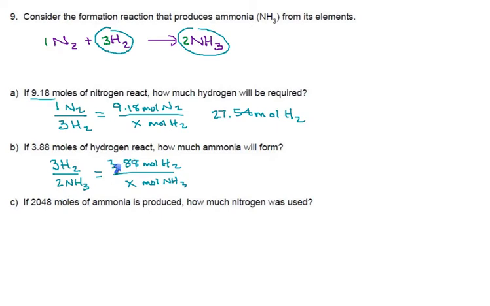Cross multiply, so multiply the opposite corners. 2 times 3.88 is 7.76, I think, divided by 3. I don't trust myself to do that in my brain, so 2.58, lots of 6s, would be the amount of ammonia. 2.5866666 moles of NH3.